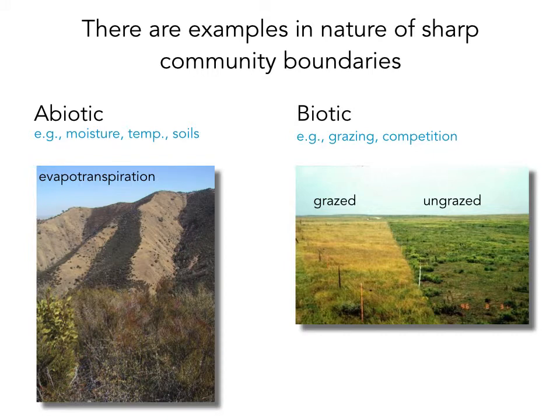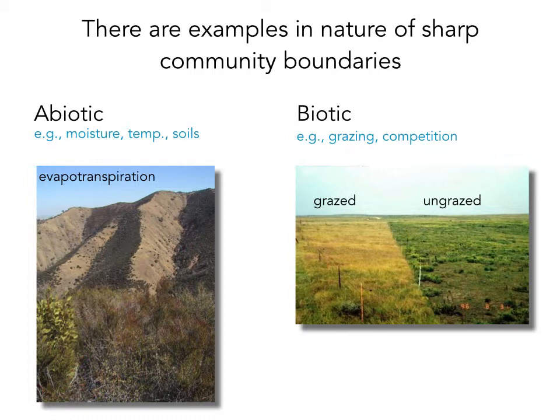Biotic factors can also influence the transitions from one community to another. This slide is simply showing the potential effect of grazing, which is a biotic factor, of course. On the left-hand side is an area that's been grazed, and on the right-hand side, an area that is ungrazed.